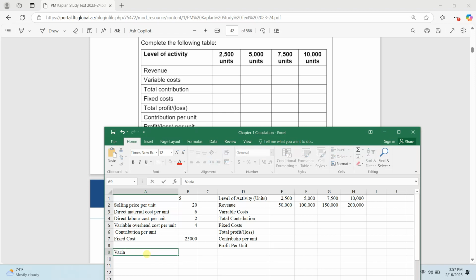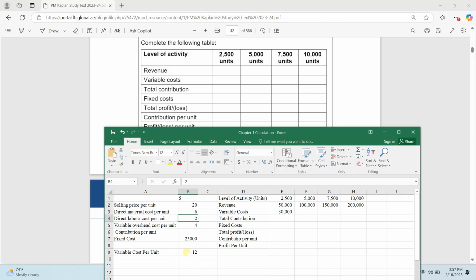Variable cost per unit is how much? 6 plus 2 plus the variable overhead portion, so my total variable cost is 12. Now if I am producing 2,500 units, how much for 1 unit? My variable cost is 12, so this is my total variable cost.